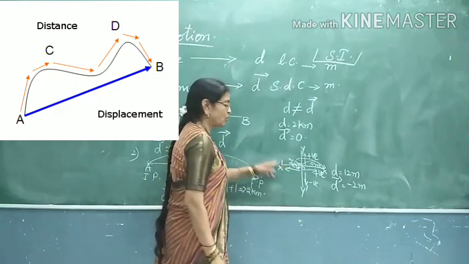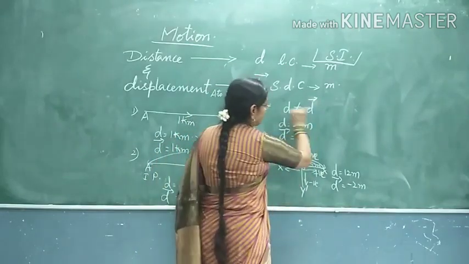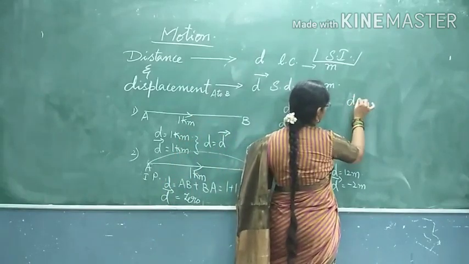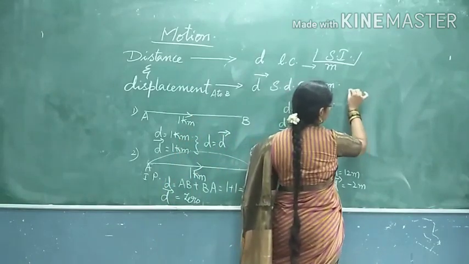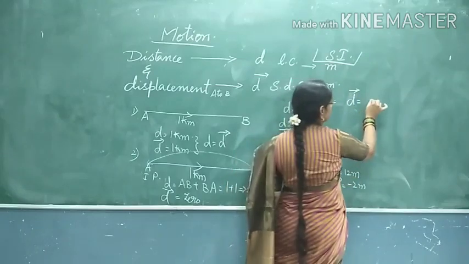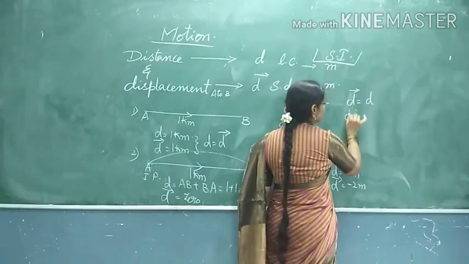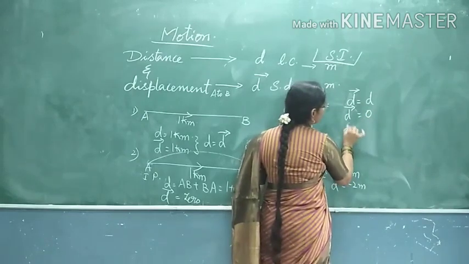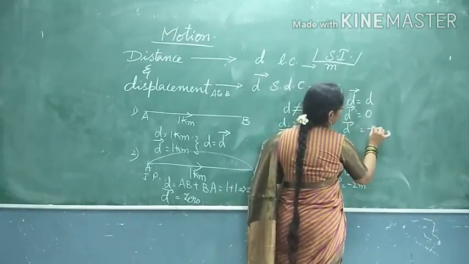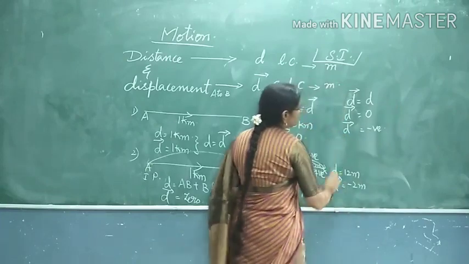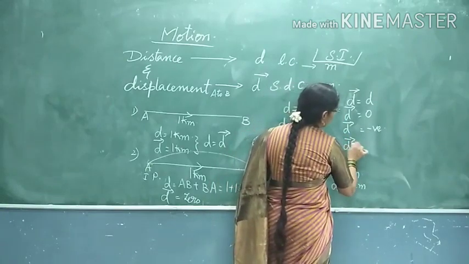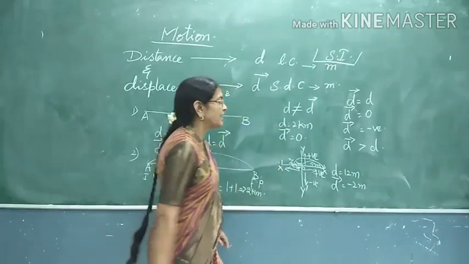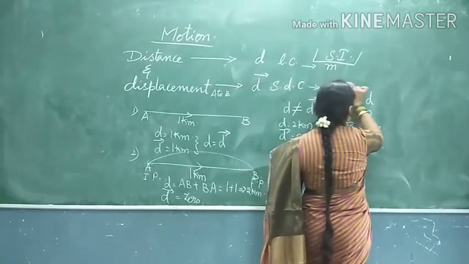So, from this you can say distance covered is greater than or equal to displacement, or displacement may be 0 or displacement may be negative. Never will displacement be greater than distance covered in the motion. Remember these points.